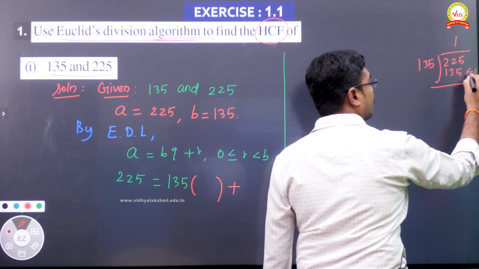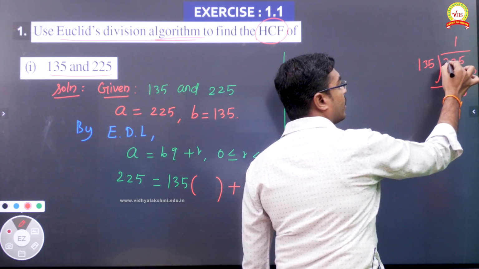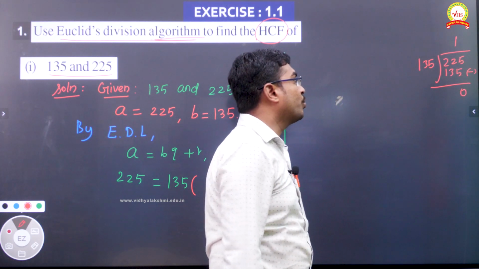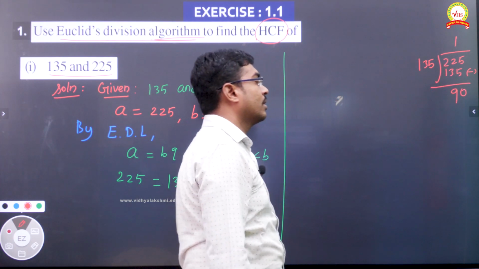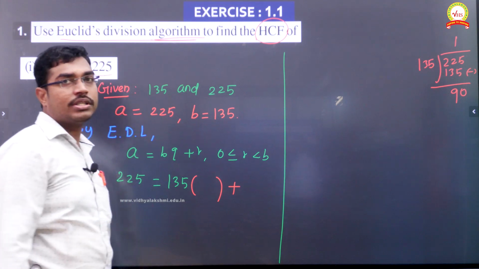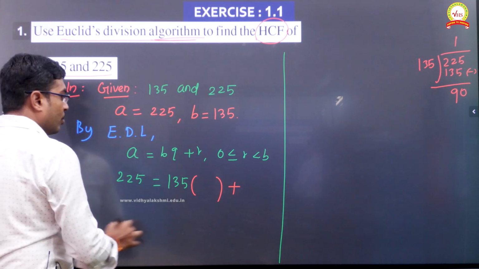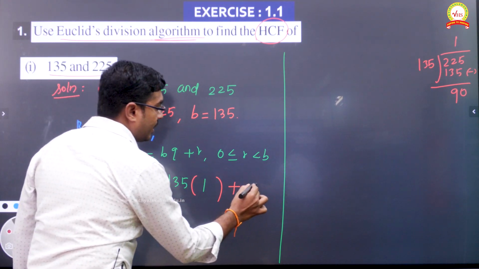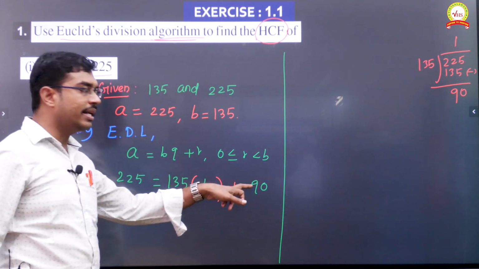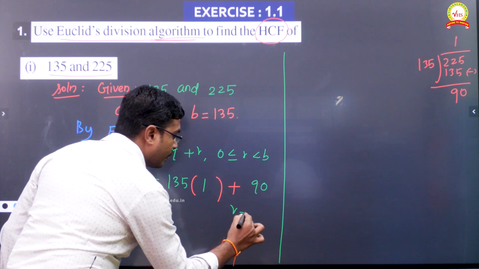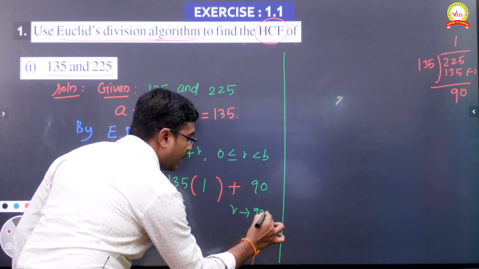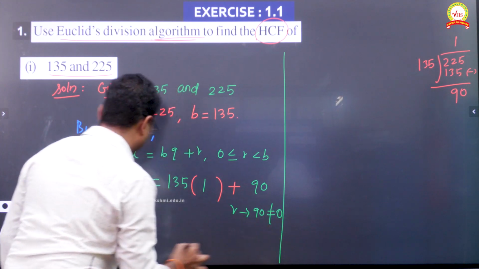So subtract it, 5 minus 5, 0. Take borrow, 12 minus 3 is 9. So 1 minus 1 is 0. So the quotient is 1. We are getting quotient is 1 and the remainder is 90. Is the remainder 0? Not. So remainder is 90, not equal to 0.